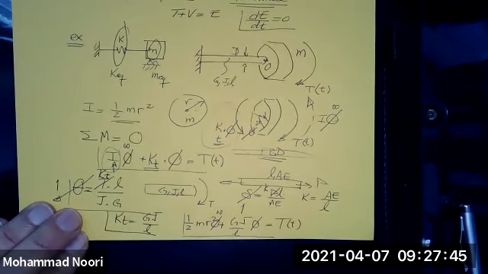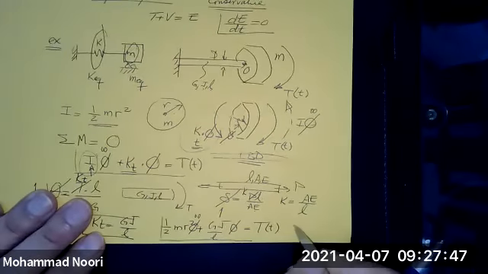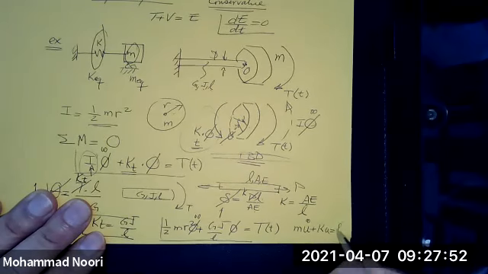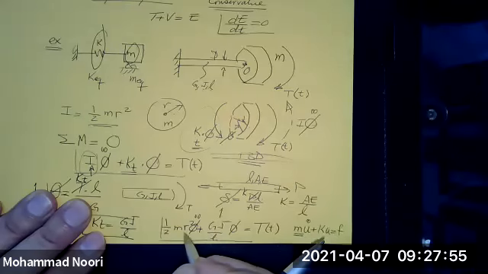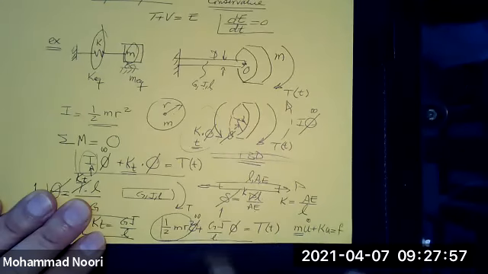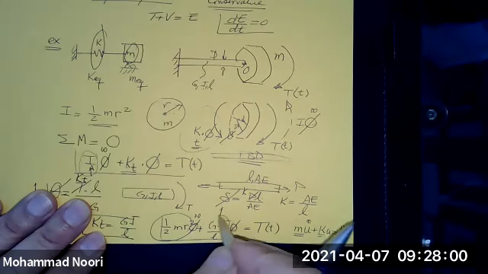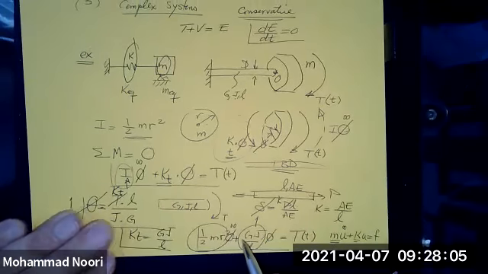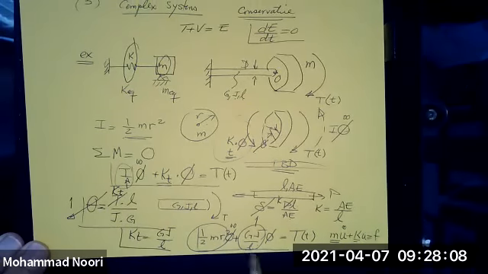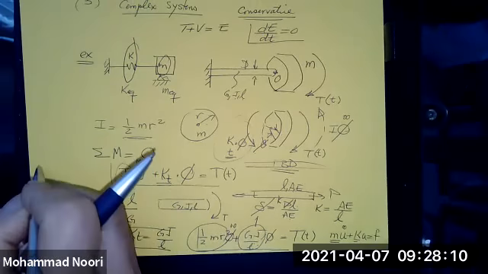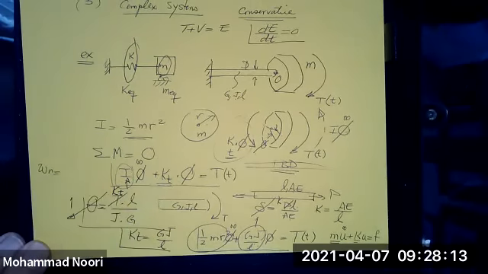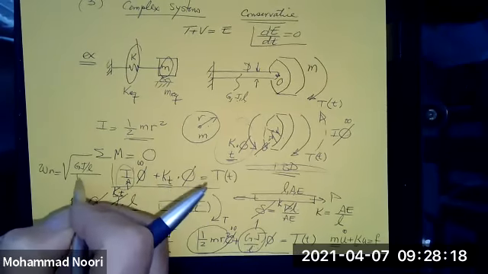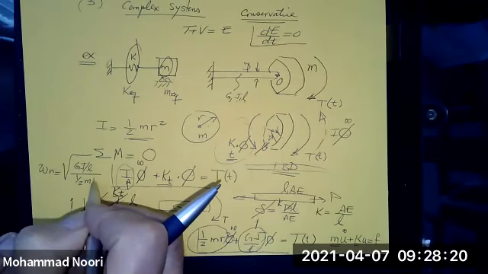Compare this equation with m u double dot plus Ku is equal to F. M equivalent is this, and K equivalent is this. So if you want to find the natural frequency, this is K, this is M. So the natural frequency would be what? The square root of GJ over L over 1/2 m r squared.